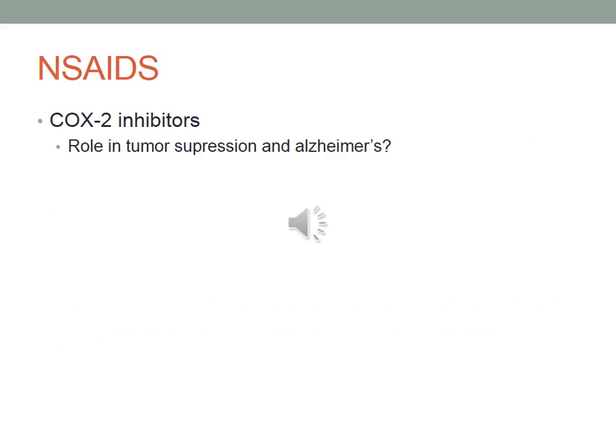Some other interesting things that are getting looked into with COX-2 inhibitors are the role in tumor suppression and in Alzheimer's, and how COX-2 inhibitors could be utilized in these situations. So certainly no definitive use in this regard yet, but this is something that some people are looking into.